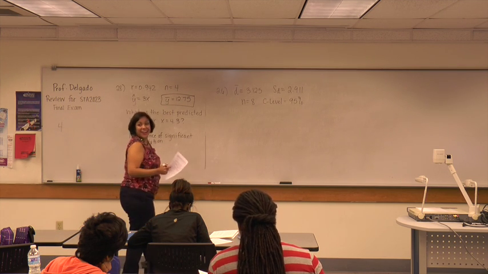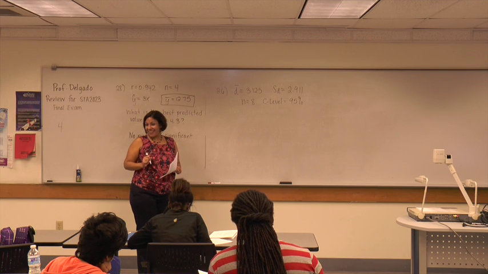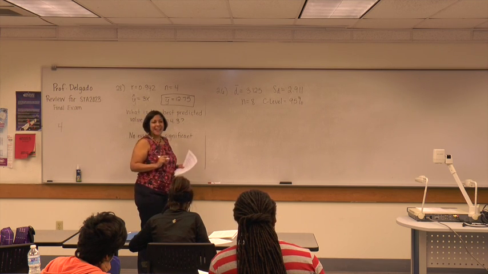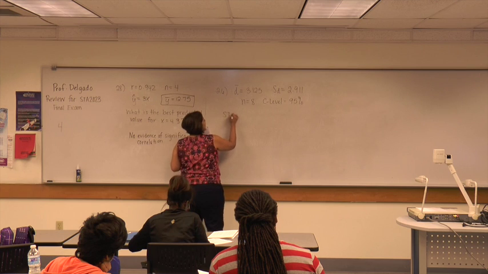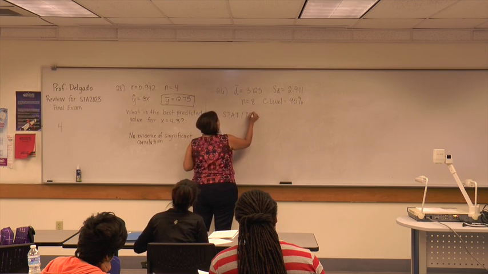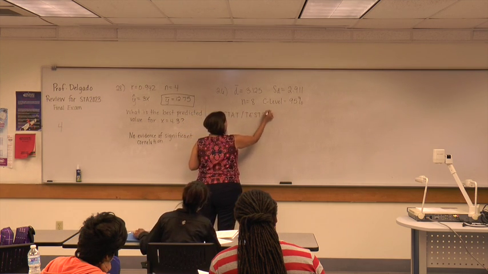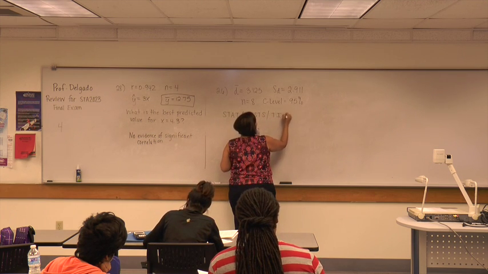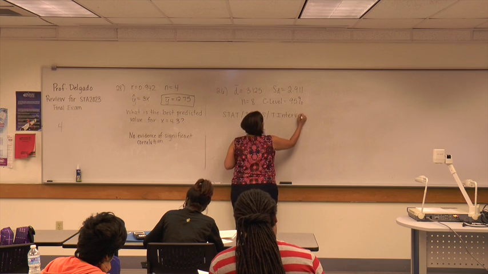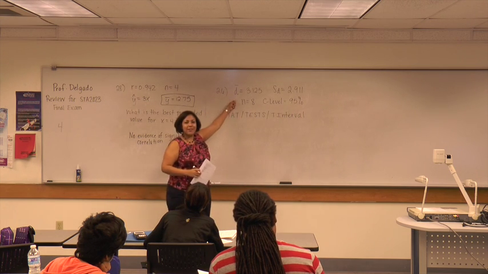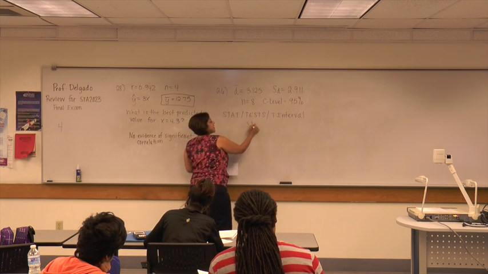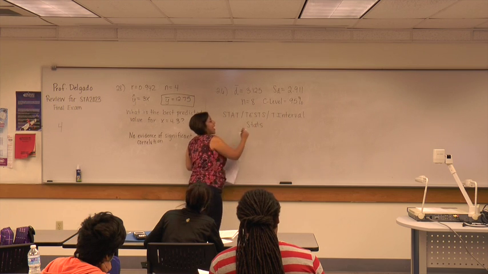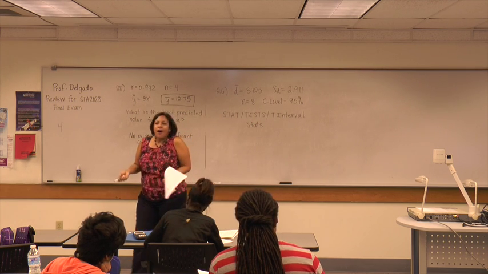Matched pairs. Stat, Tests, T Interval. Correct. Stat Tests T Interval is correct. And this time, we don't have the data, so you're going to use the stats option instead. And it's not going to ask you for D bar and SD.